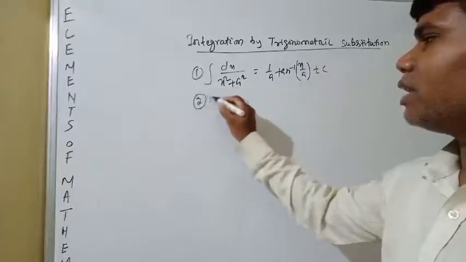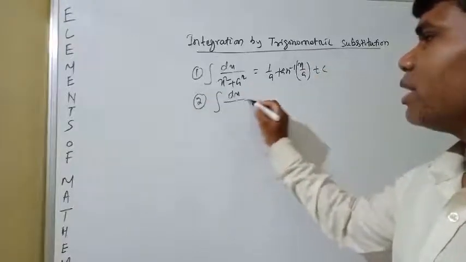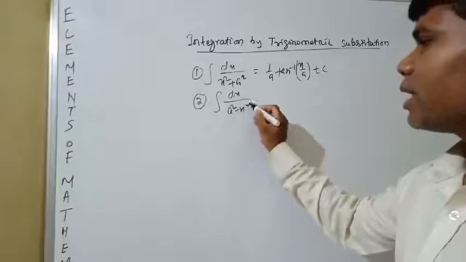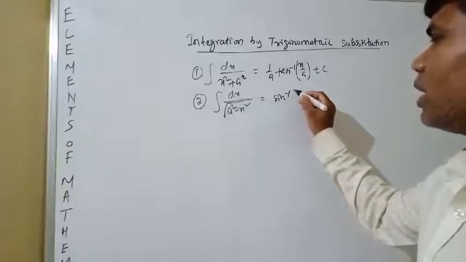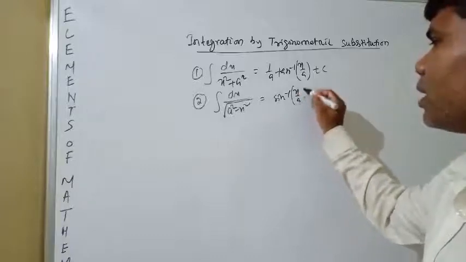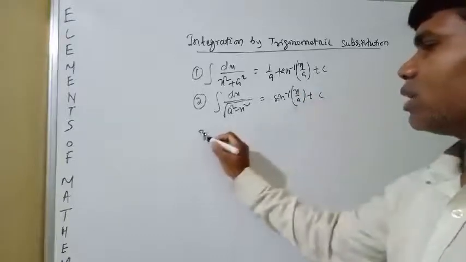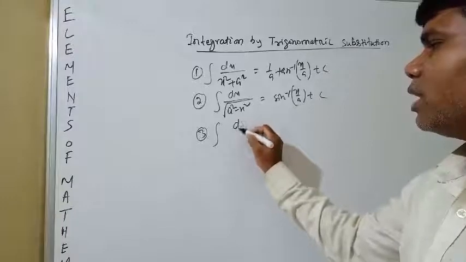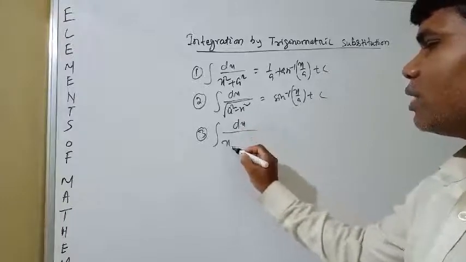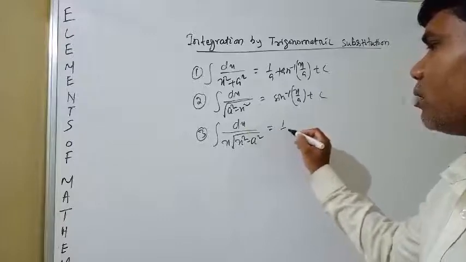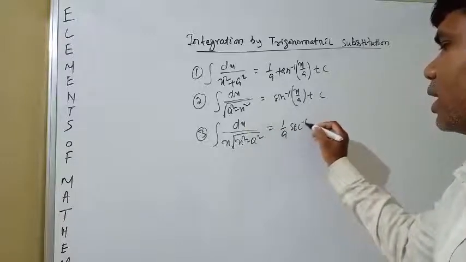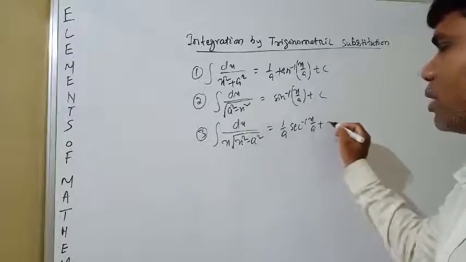The second one is integration of dx by root over a square minus x square is equal to sin inverse x by a plus c. The third one is integration of dx by x into root over x square minus a square is equal to 1 by a sec inverse x by a plus c.